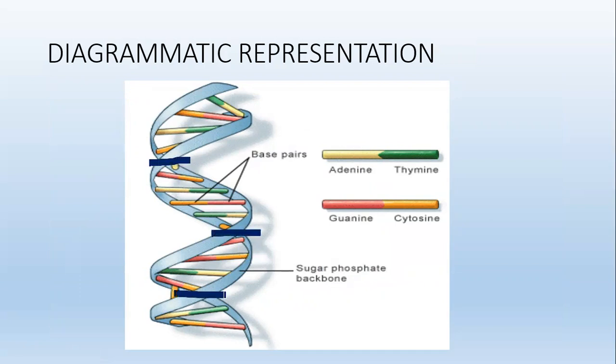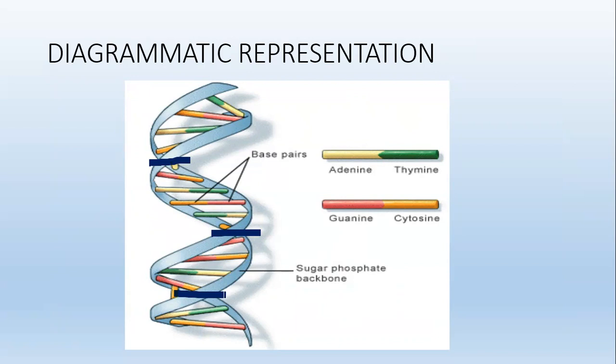In this turn there are some base pairs. So now I think all of you can understand what base pairs are. Base pair means A will pair with T and G will pair with C. A will pair with T with the help of 2 hydrogen bonds and G will pair with C with the help of 3 hydrogen bonds.